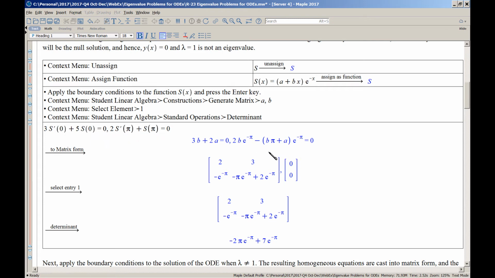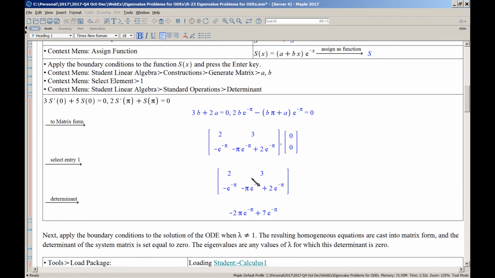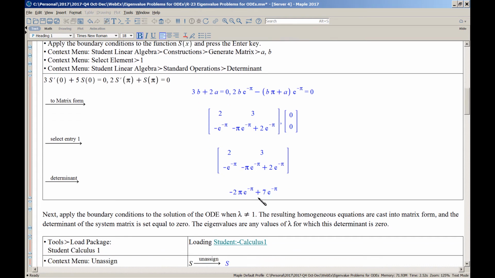And again, I take the equations that I get and I put them into matrix vector form, get the matrix, get its determinant. If you look at its determinant, you can see the determinant here can never be 0. So lambda equals 1 will not be an eigenvalue.